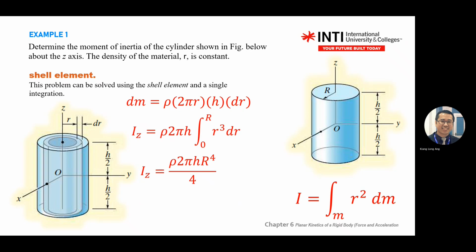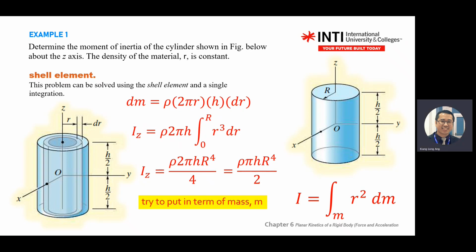Okay. Now here you get something divided by 2. We want to change this term in terms of mass. How do you get mass? How do you get mass for this object? How do you calculate mass again? Density multiplied by volume. Do you see volume here inside?